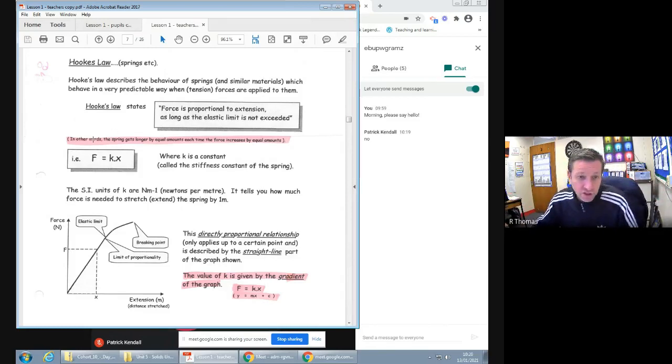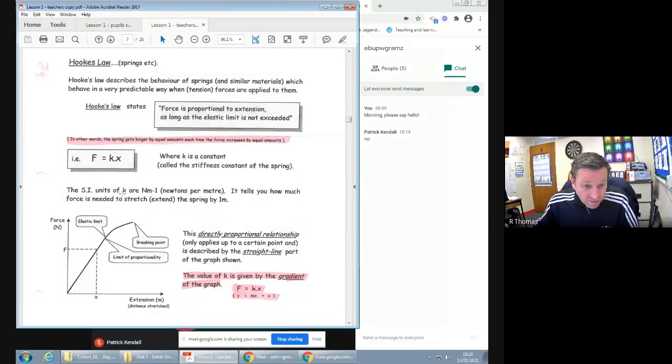Now that relationship can be described mathematically using what we call Hooke's law. So force is proportional to extension, and if you swap that proportionality with an equals k, like we would normally do in mathematics, k is a constant and is called the stiffness constant of that spring. And obviously that would be different for different types of material that would create these springs.